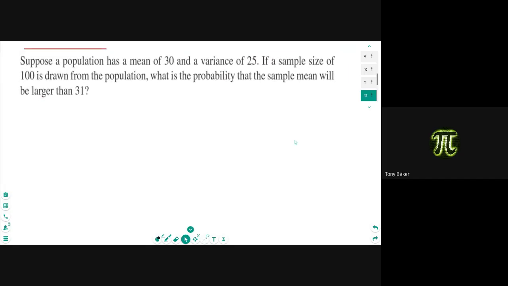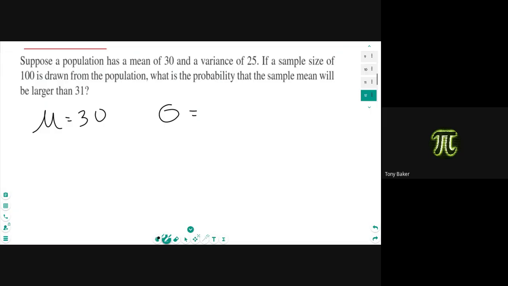All right, let's do one. So my mean is 30. What's my standard deviation? Because those are the two pieces I need. Does it give you your standard deviation? Gives me by what? Variance. And how do I find standard deviation from variance? Take the square root of it.